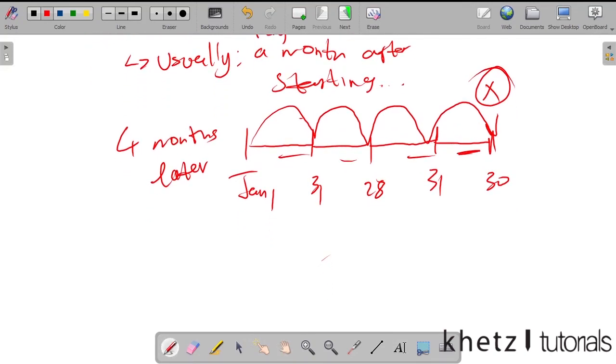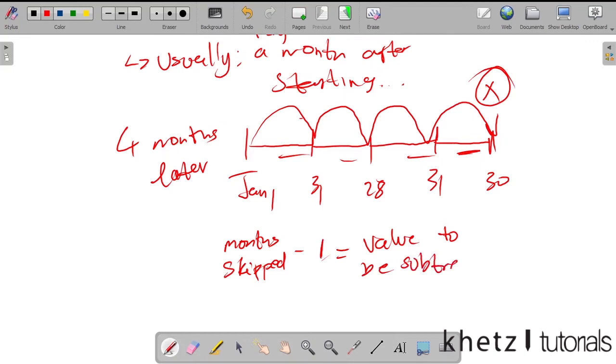To compensate for this, in your future value formula, you're gonna say the month skipped, subtract 1, is equal to the value to be subtracted from n.